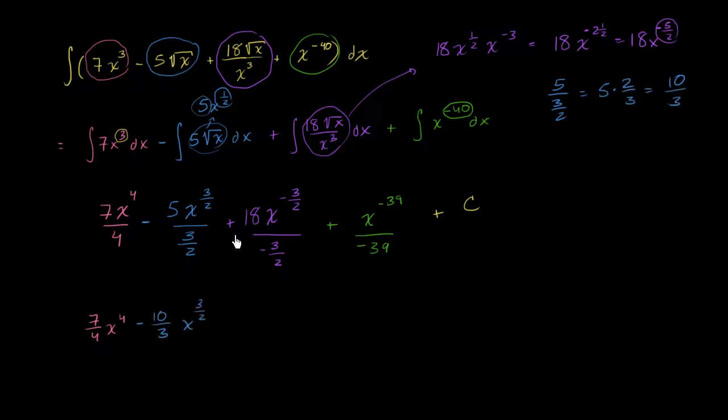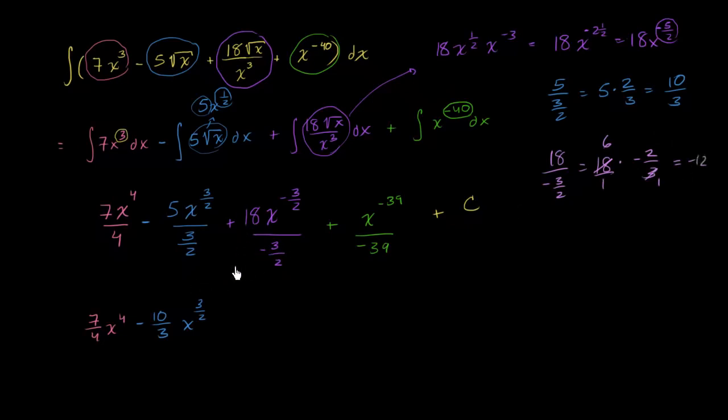And then we have all of this craziness. Now 18 divided by negative 3 halves is equal to 18 times negative 2/3, which we can simplify a little bit. This is the same thing as 6 times negative 2, which is equal to negative 12.